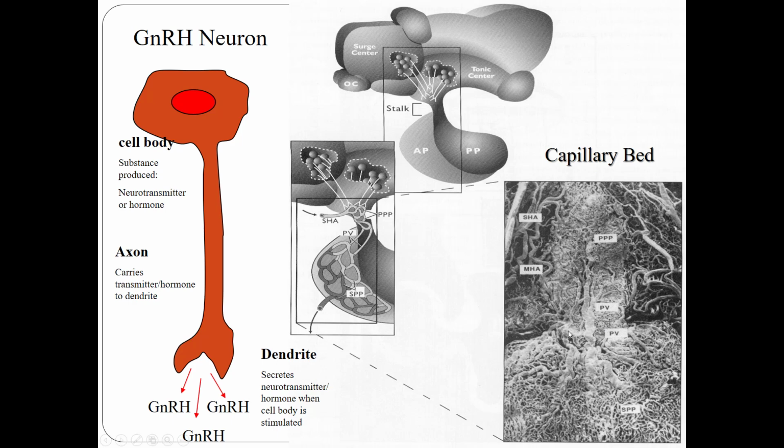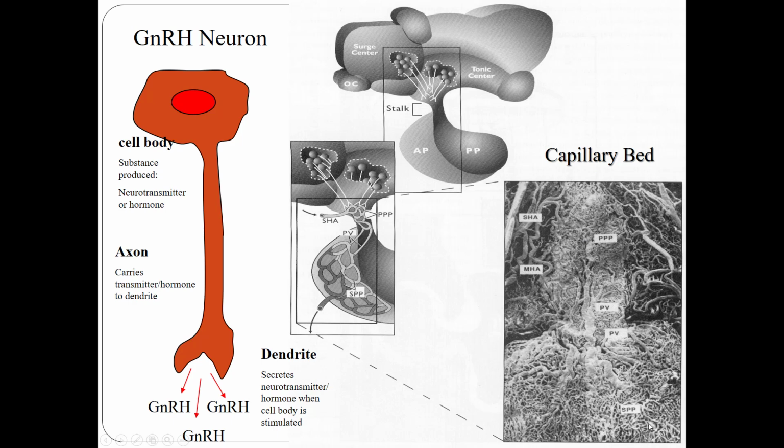It's a highly intricate system in this capillary bed portion between the top of the hypothalamus and the anterior pituitary. It's really quite interesting how these two things are connected together.